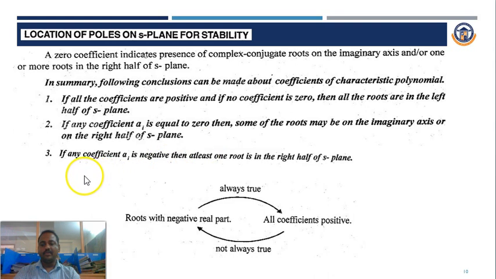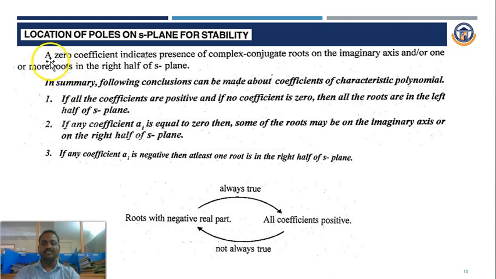If any coefficient is negative, then there is at least one root in the right half of the S-plane. So based upon this, we can say how the roots, that is the poles on the S-plane, can decide the stability of the system.